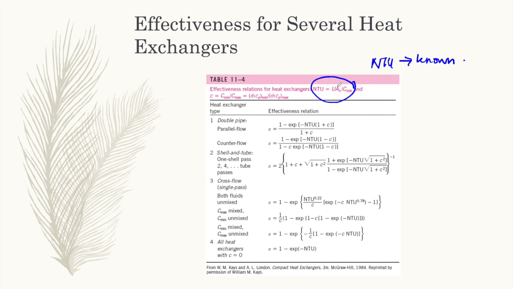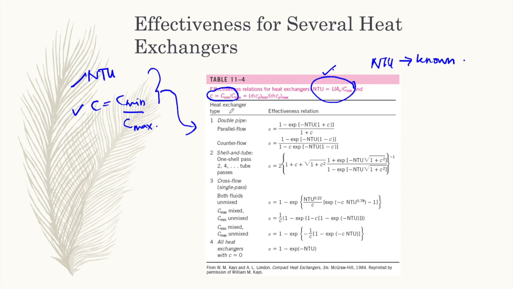You substitute the overall heat transfer coefficient and surface area over C minimum, then you will get the value of NTU, and C equal to C minimum over C maximum. You can calculate both of these values, NTU and C, then you can refer to this figure or table.